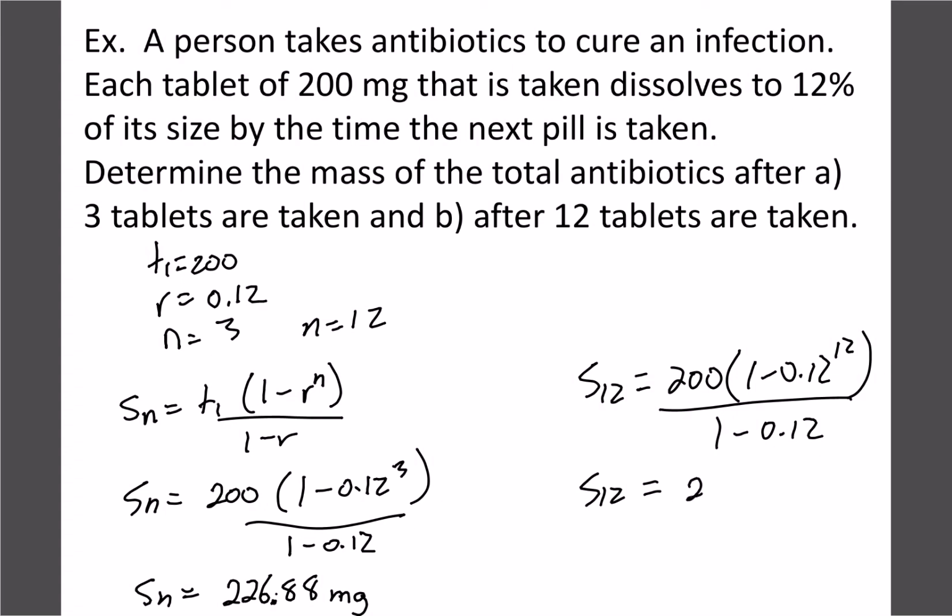We only get approximately 227.27 milligrams. You can see each time you take a pill, by the time you get to the next one, there's not that much left in your system. So it only stays around 26, 27 milligrams as extra. And that's all for this topic.